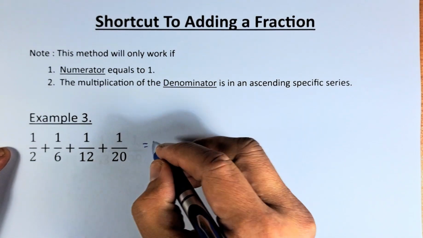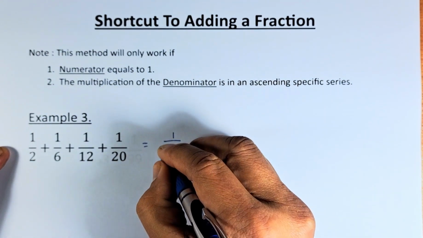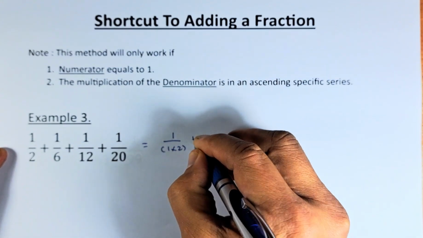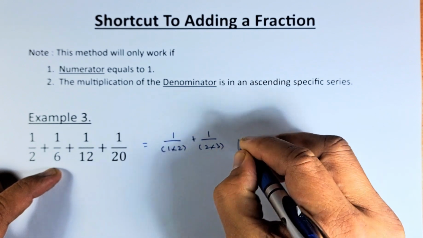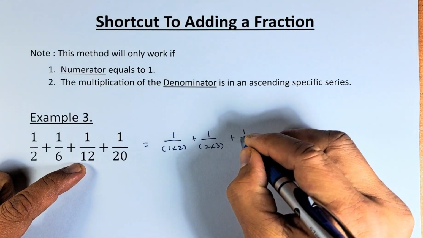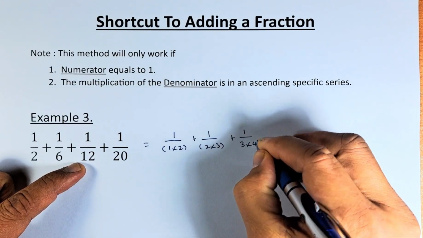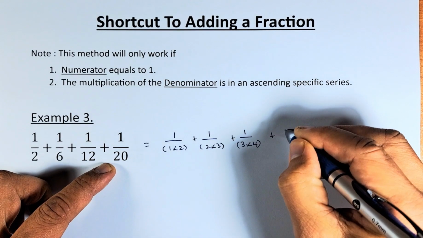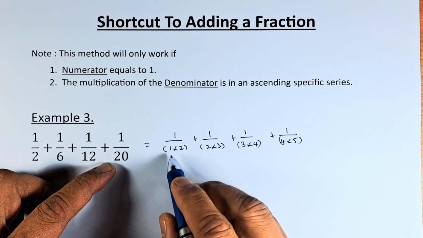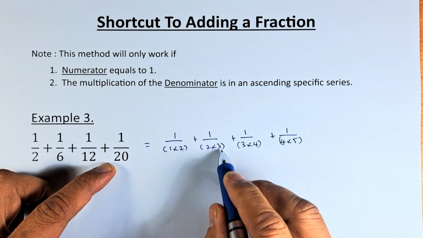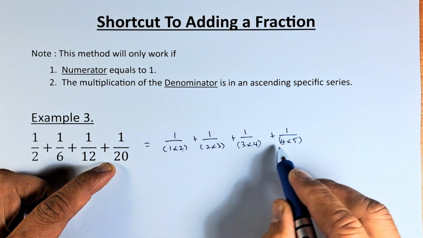As I said, it can be written as 1 over 1 times 2. The second fraction 1/6 is 1 over 2 times 3. 1/12 can be written as 1 over 3 times 4. And then the last fraction 1 over 20 can be written as 1 over 4 times 5. So you can see 1 times 2, then followed by 2 times 3, then 3 times 4, and then 4 times 5.